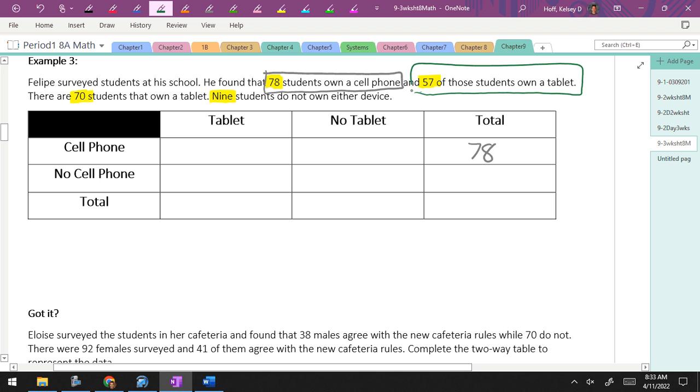57 of those students, who's those students? The cell phone students, yep, the 78 cell phone students own a tablet. So what do I know about 57 kids? We're not adding or subtracting anything. We're putting it in a table. 57 students have a tablet.